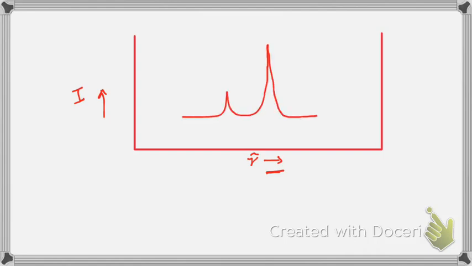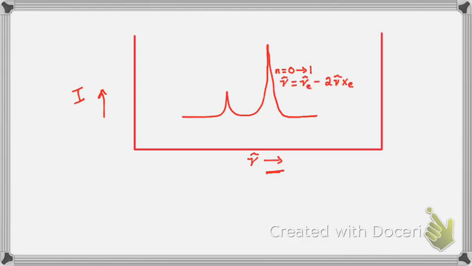So, suppose we have an infrared spectrum that shows two peaks corresponding to two separate absorptions and two vibrational transitions. In this case, the larger of the two peaks at higher frequency, again remembering the higher frequencies are to the right, corresponds to the 0 to 1 transition.